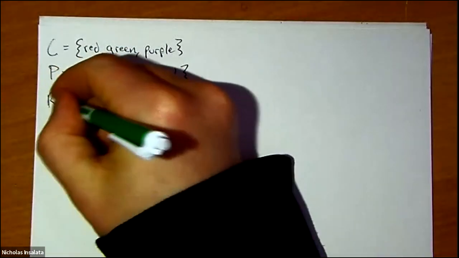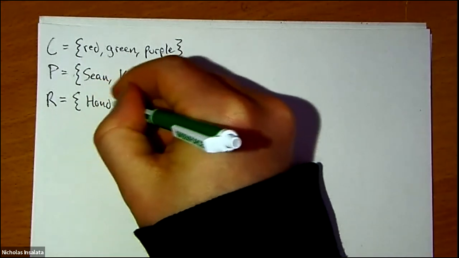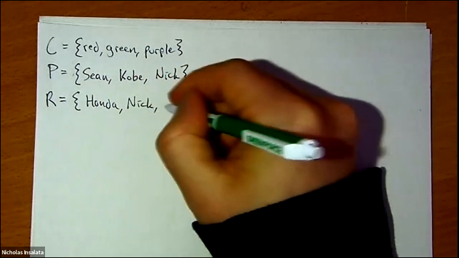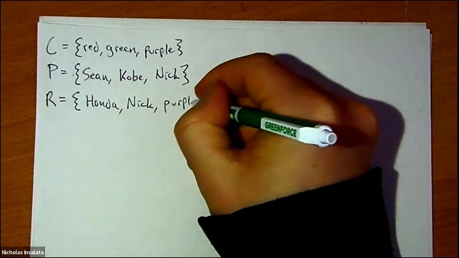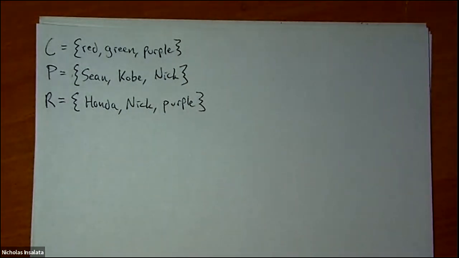So here's R for my random set, which has Honda, Nick, and purple. There's a car, a person, and a color, and it doesn't really mean much anymore. You sort of lost the whole point of making a set in the first place. Now, generally, when we talk about sets in this course, we're going to be talking about sets of numbers.